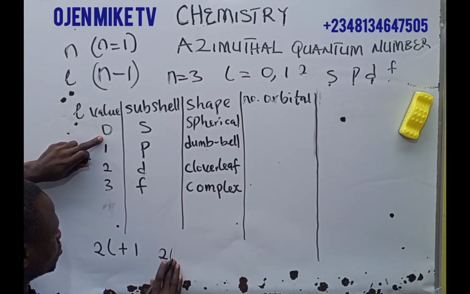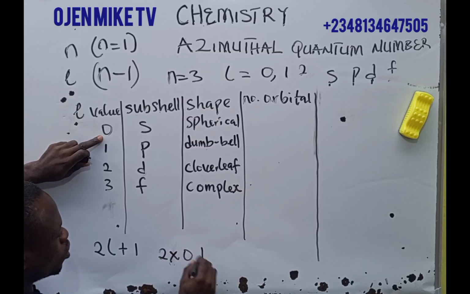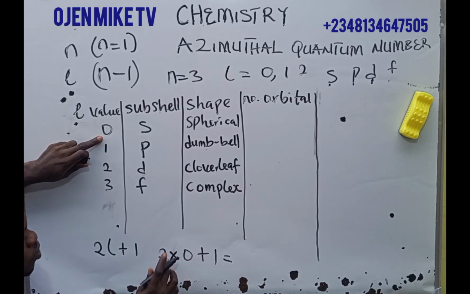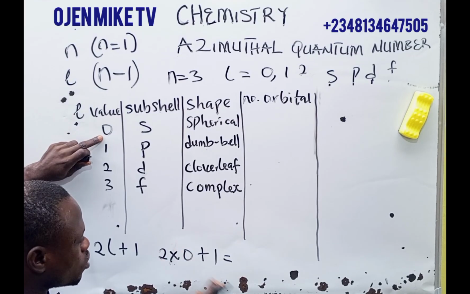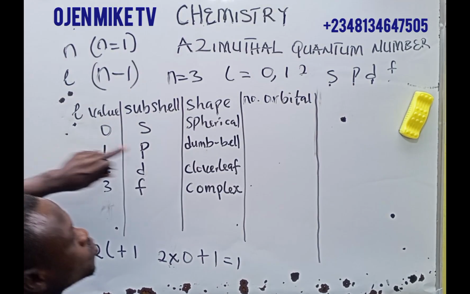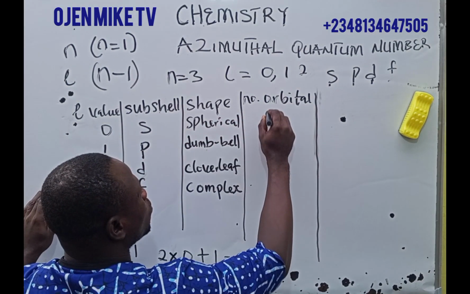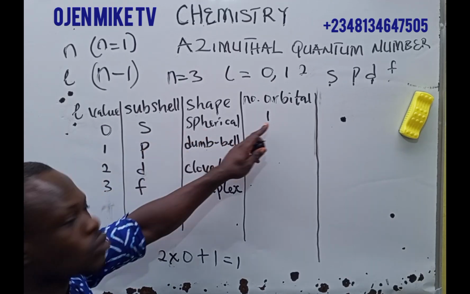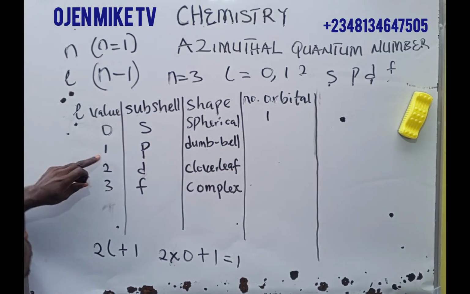So 2 times 0 plus 1: 2 times 0 gives us 0, plus 1 gives us 1. So the number of orbitals here is 1. So the s subshell has 1 orbital. Now go to the second one.